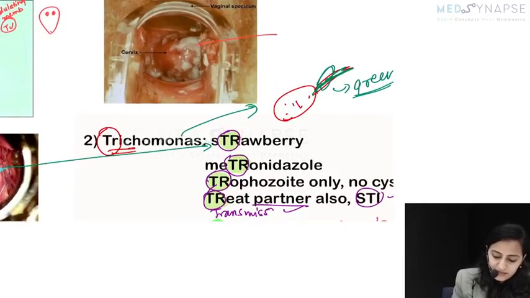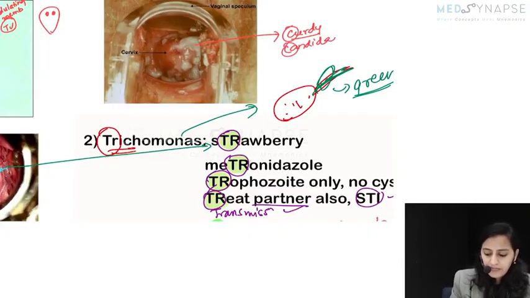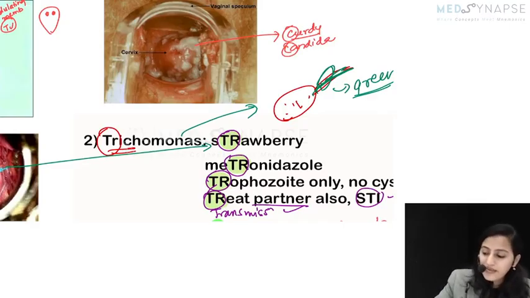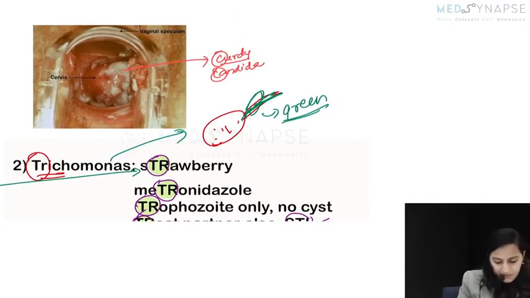This is curdy, thick, white, curdy candida. Everywhere candida, white curdy discharge, white oral plaques, which are scrapable. Does candida give glucan test positive or negative? Positive. Candida has increased glucan. What phenomenon does it show?